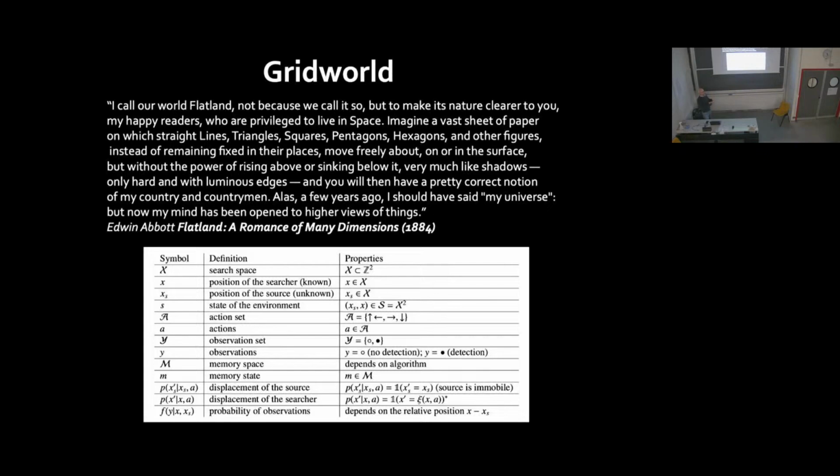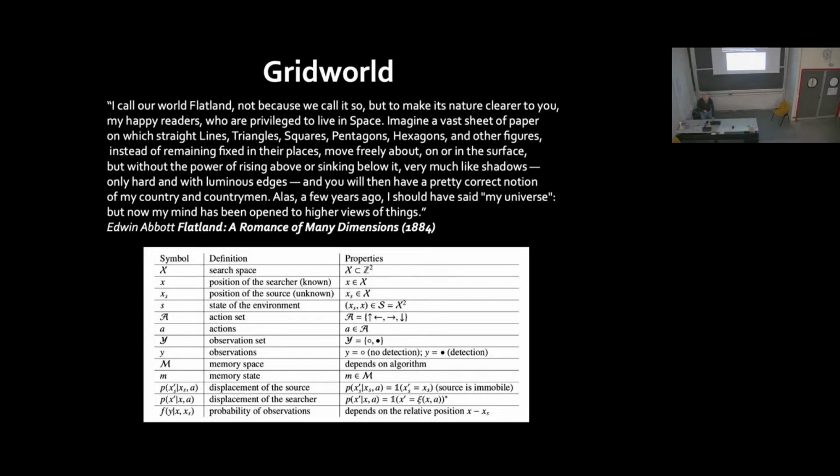If it decides to go up, it really does go up. And the probability of observations, that is the probability that this is a detection or not a detection, depends just on the relative position between searcher and agent. Okay, so this is our flatland, our reduced grid world on which we are going to discuss all the rest.